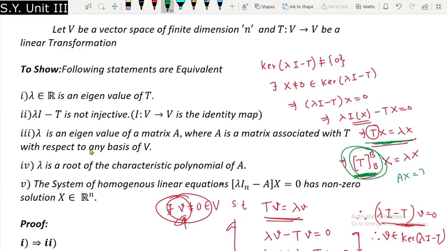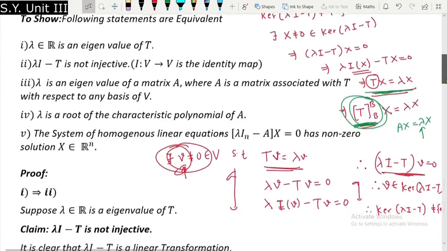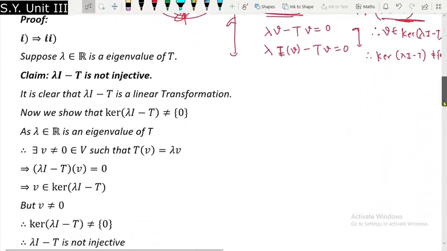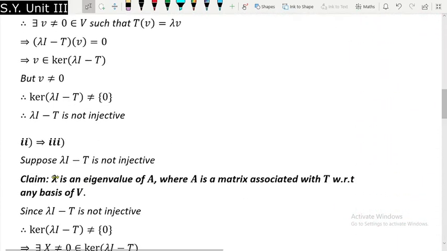is equal to lambda x, and this will imply that this lambda is an eigenvalue of A, where this A is a matrix associated with T with respect to any basis of V. So let us go through the proof. Here you can see, suppose this is not injective, we have to prove this.